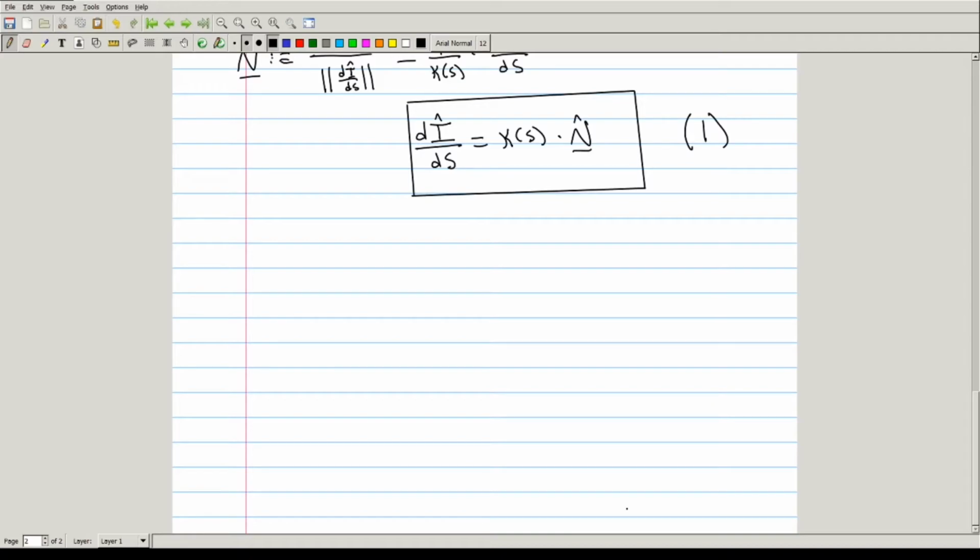For the next Frenet formula, we're going to have the following thing to think about. We want to think of how the binormal vector is changing along the curve.